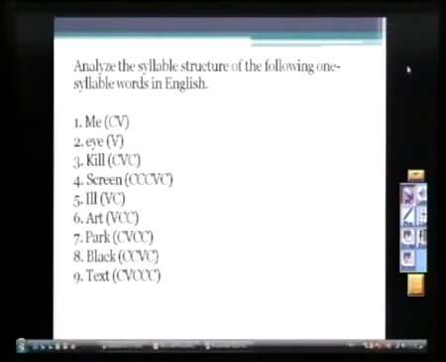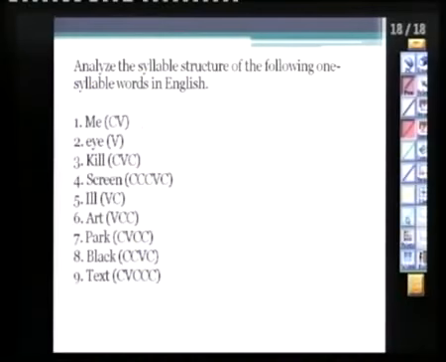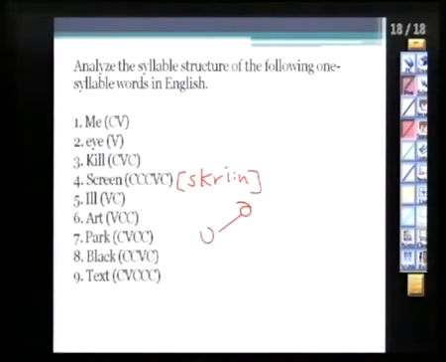Let me do the word screen. So number one, we said you transcribe. You have the s sound, you have the k sound, then you have e. Screen. How can I analyze the syllable structure of this word? We said you draw a sigma, and you say it consists of an onset. How many consonants do we have in the onset? Three. So one, two, three: s, k, and r.